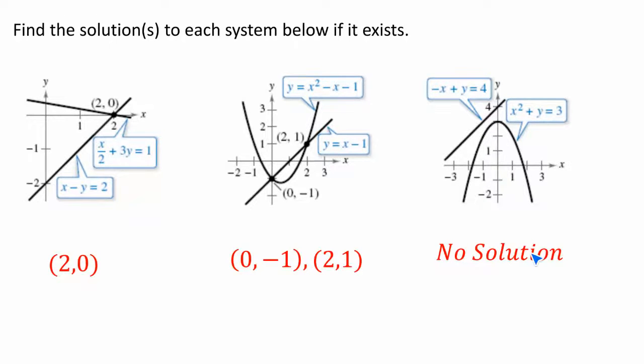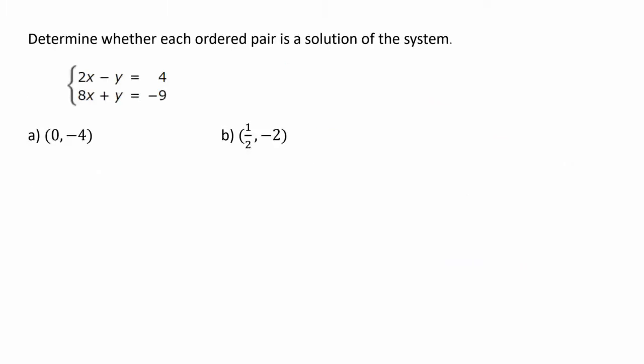Another name for no solution is inconsistent, and we will talk about that in a little bit. So how do we know if an ordered pair is a solution to the system?